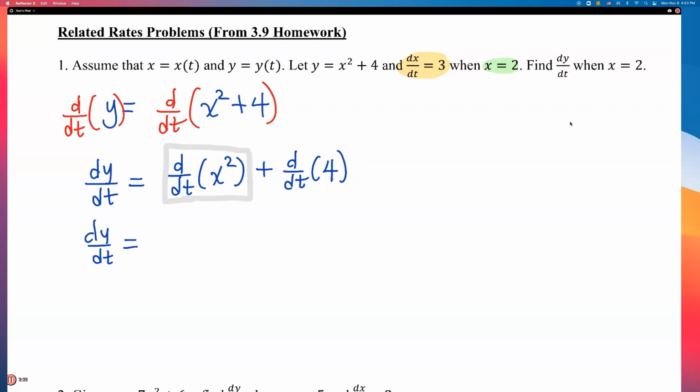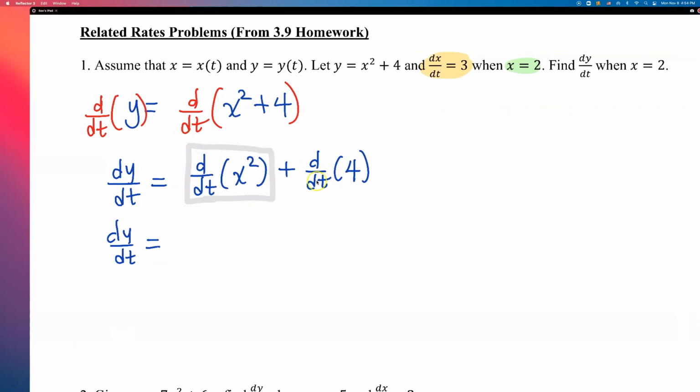I hope you're watching this after our lesson on 3.8, because the derivative of x squared is 2x, right? But don't forget to multiply this by dx dt, the derivative of the inside part, which is x with respect to t.